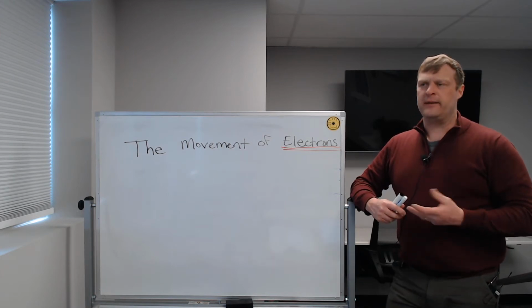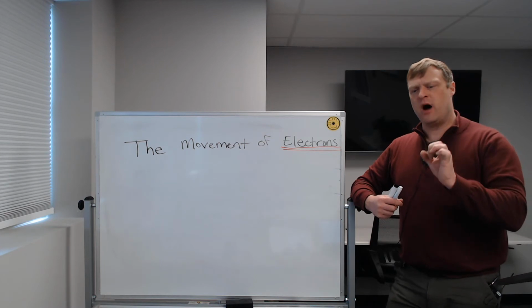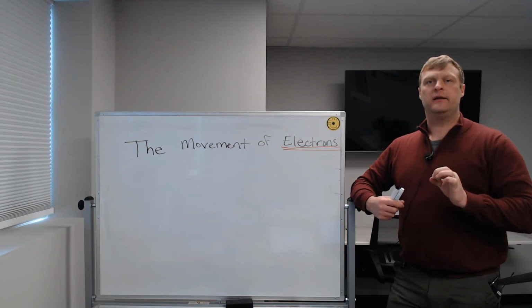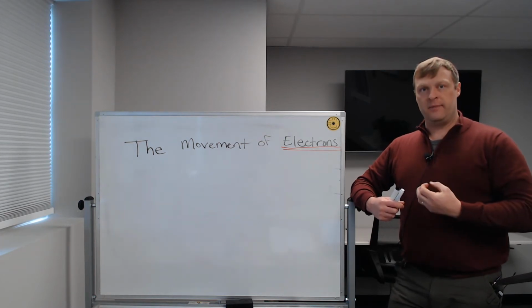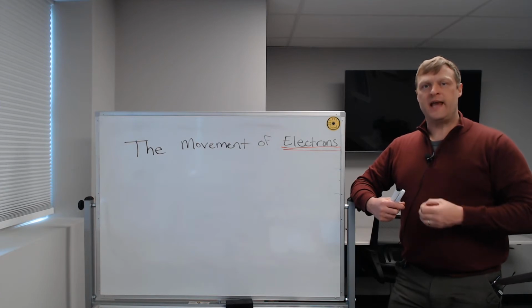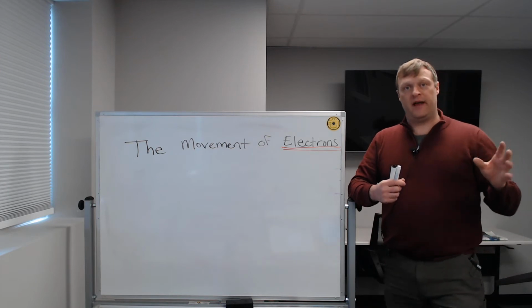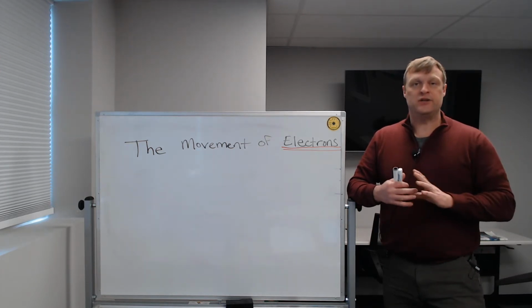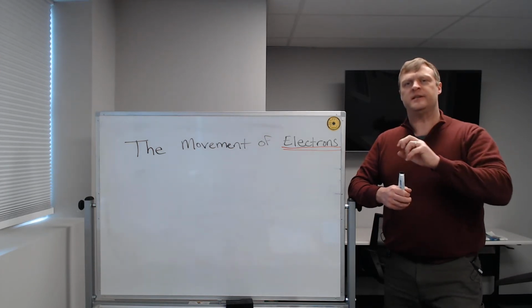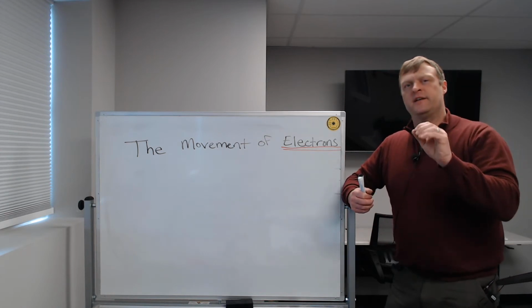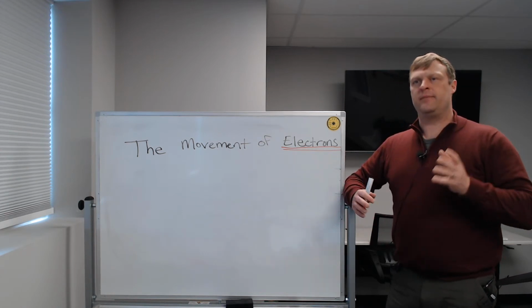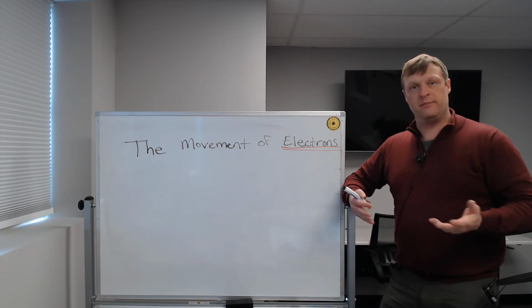What is an atom? An atom is the smallest building block of any element that still retains the properties of that element. Now, if you go to your table of elements, you'll see that there's a whole bunch there, and each one of those elements has a slightly different signature, they're built differently. That's what makes them unique.